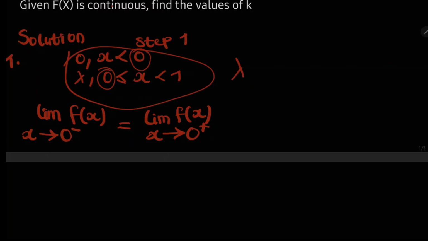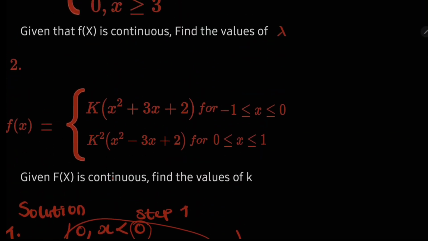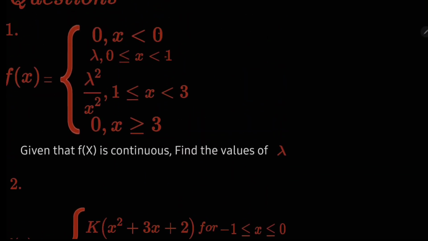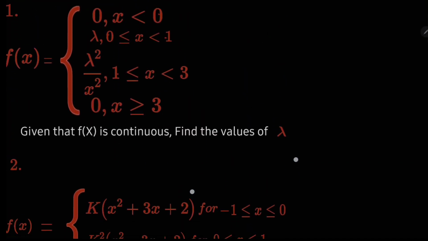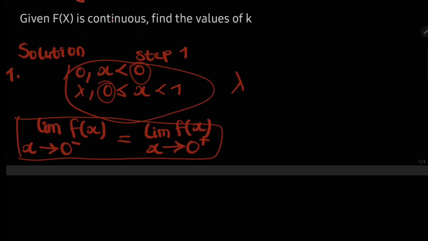Okay, so remember this is what we have to do, and this case is when the function is continuous. Remember we were told in the question, given that f of x is continuous, find the values of lambda. So we have already been told that f of x is continuous. So now let's find the value of lambda.